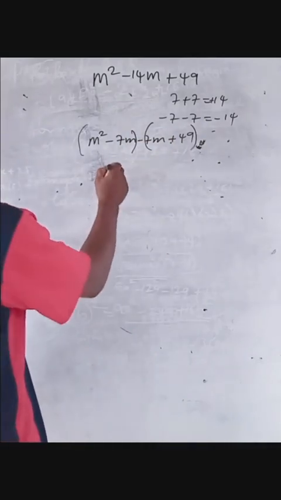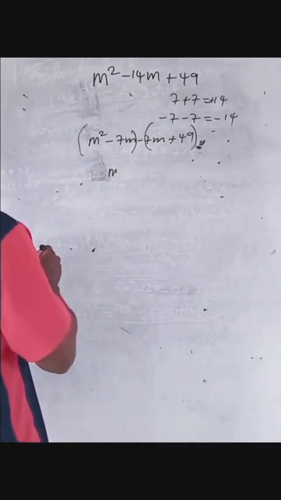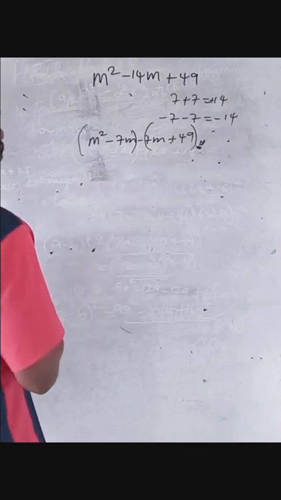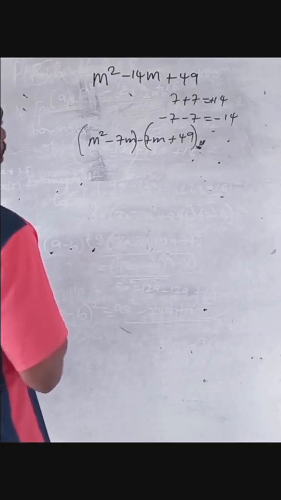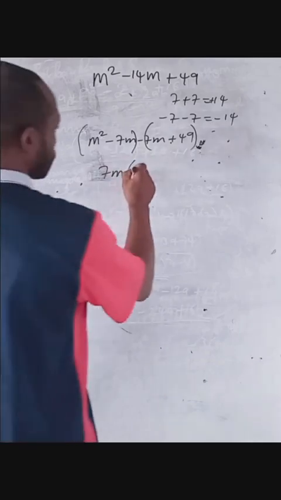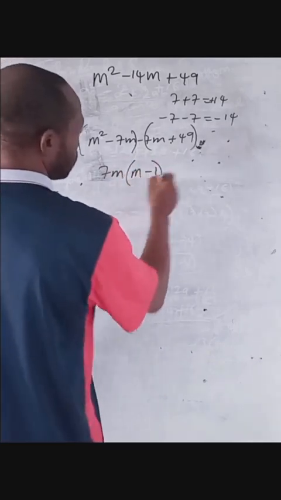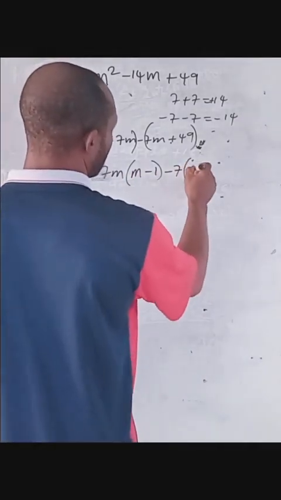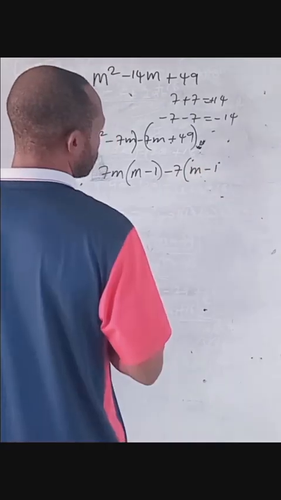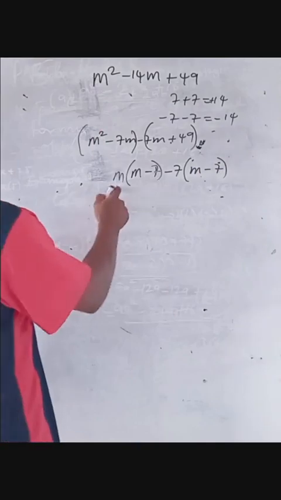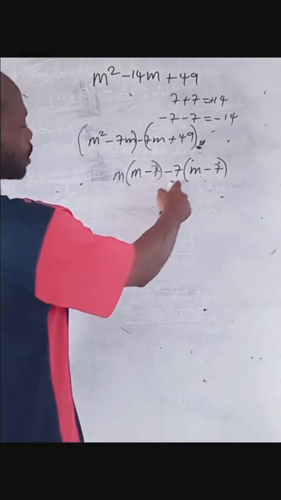This is the same thing as m multiplied by m minus 7, minus 7 multiplied by m minus 7.